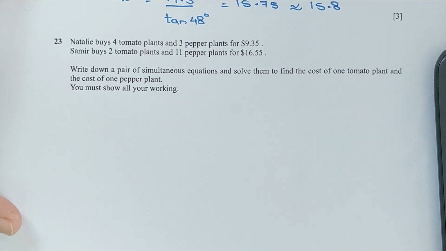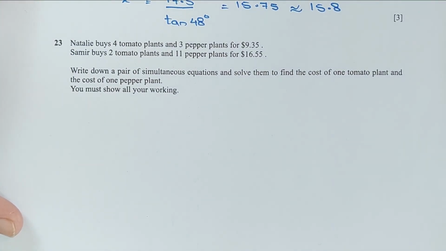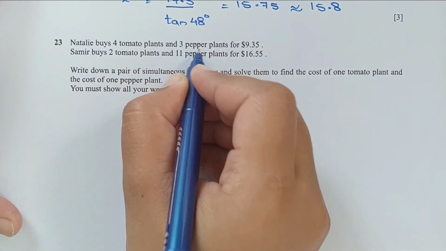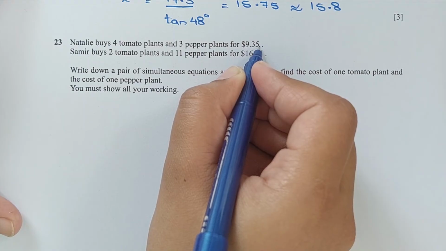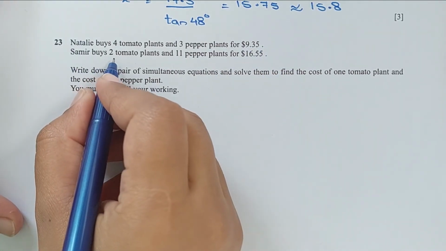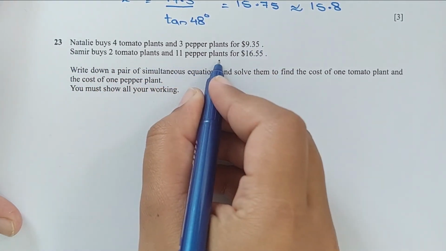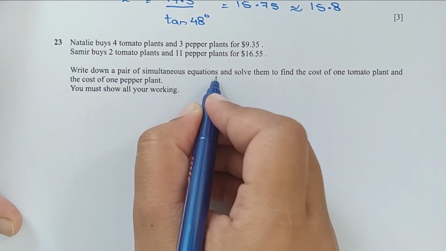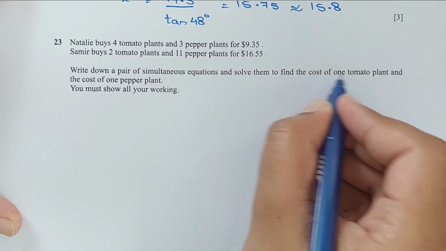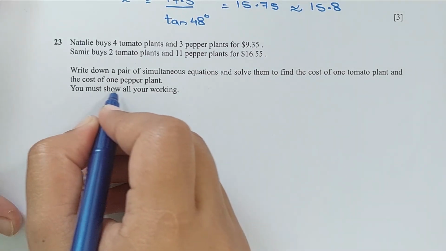Question number 23. Natalia buys 4 tomato plants and 3 pepper plants for $9.35. Samir buys 2 tomato plants and 11 pepper plants for $16.55. Write down a pair of simultaneous equations and solve them to find the cost of 1 tomato plant and the cost of 1 pepper plant.